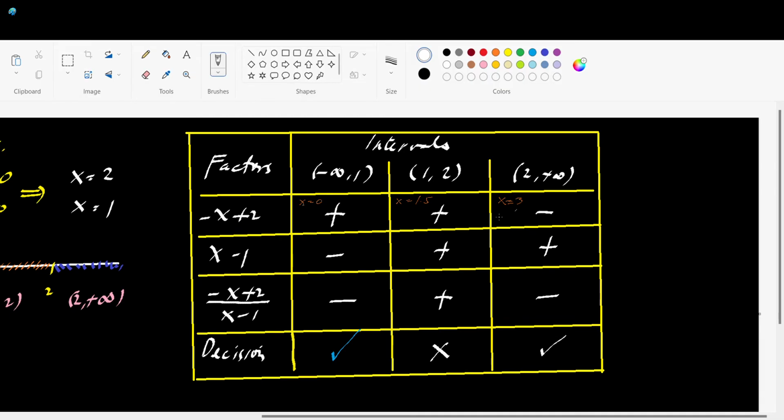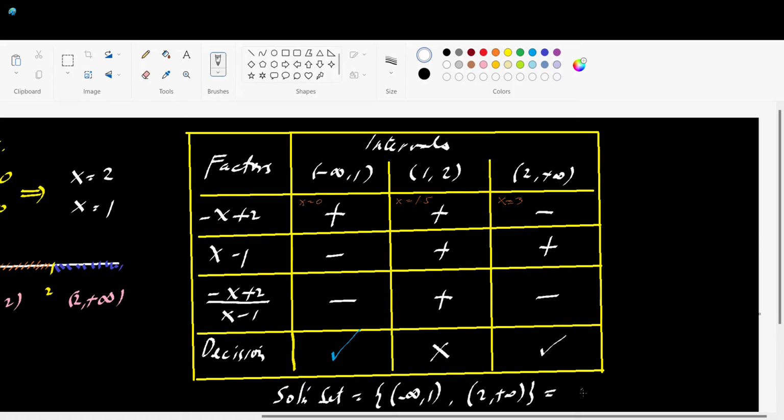So we're done. Now we just have to write the solution set by collecting all the intervals. Now where the representative values satisfy the inequality. So the solution set here will be the intervals negative infinity to 1 together with 2 to positive infinity.